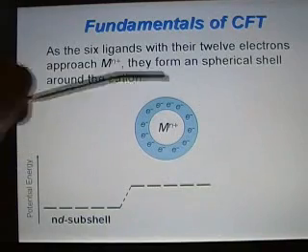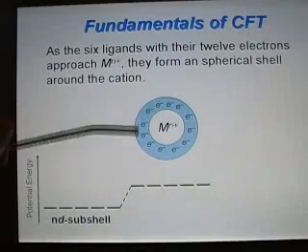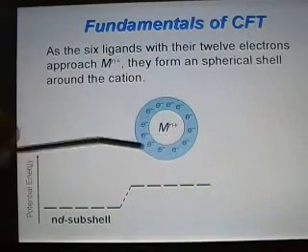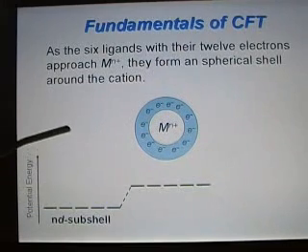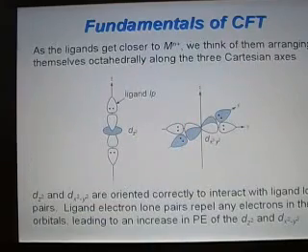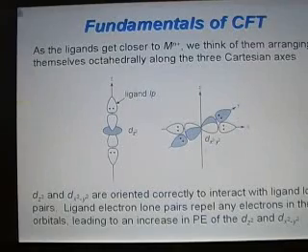Now, as you bring in the ligands, the electrons from the ligands form kind of a spherical shell around the cation and increase the potential energy. As the ligands get closer and closer, they're going to start coming in along the Cartesian axes, so they're going to become directional instead of spherical.